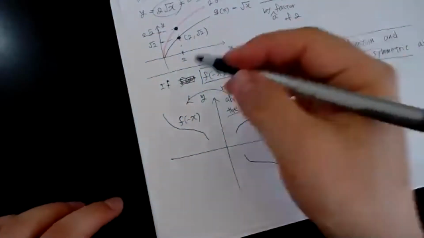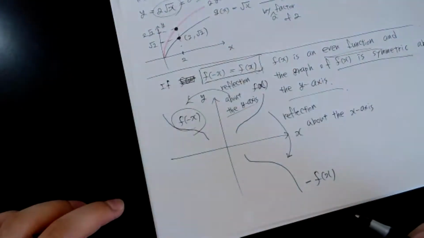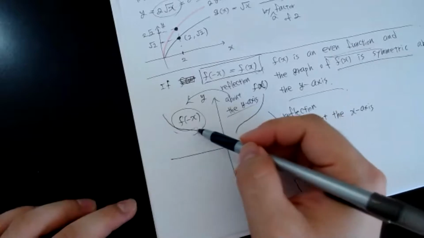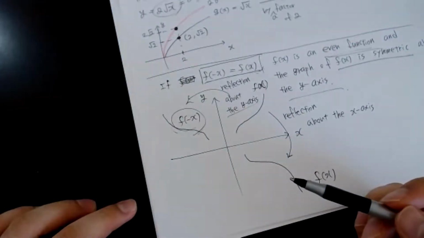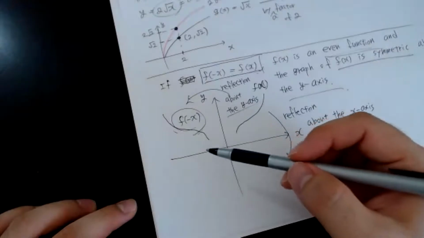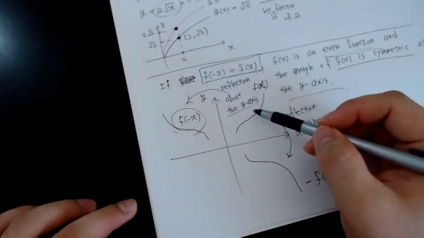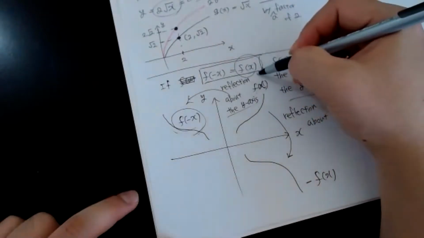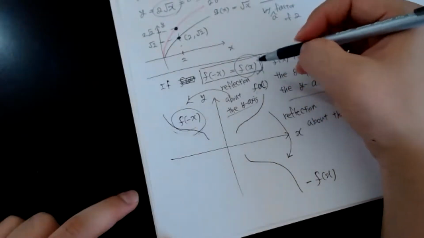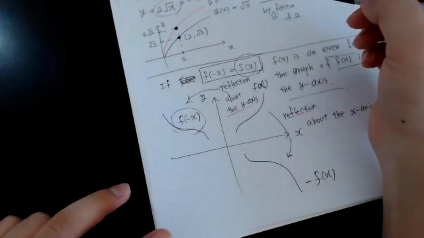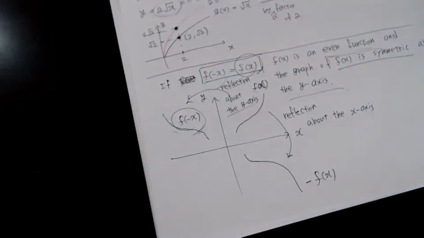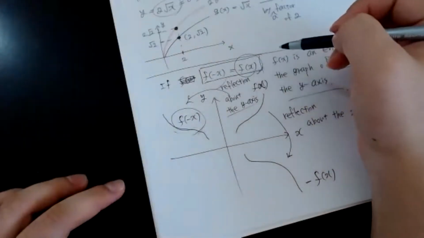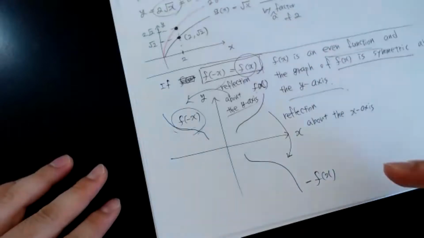You see that f of negative x right there. The graph of f of negative x is obtained by reflecting the graph of f of x about the y-axis. And f of negative x equals f of x means that their graphs are identical.